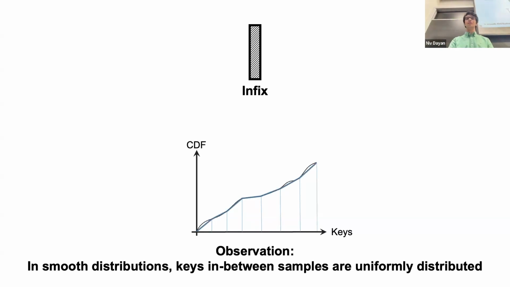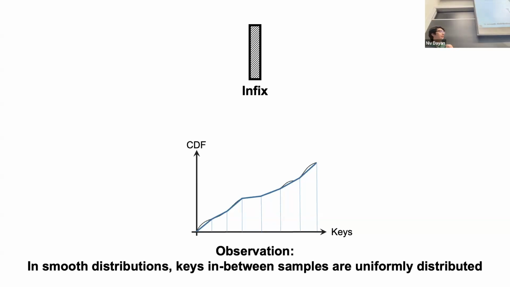You can see this visually by drawing lines between these samples. For illustration's sake, this doesn't exactly fit the CDF underneath, but you can see that each one of these lines is a close approximation of how the CDF is behaving underneath. So you can assume that the keys in between the samples are uniform and roll with it.